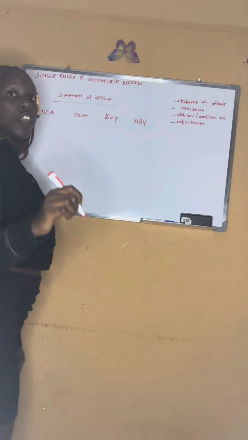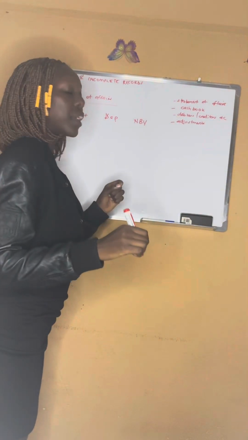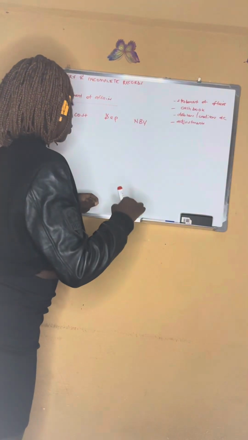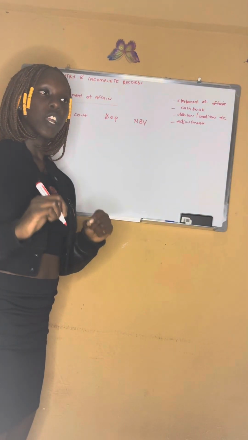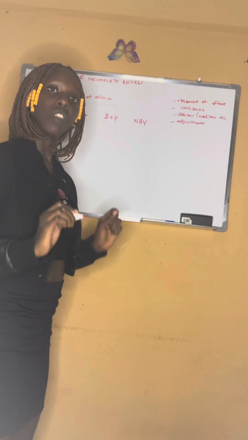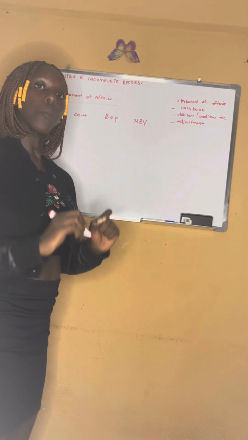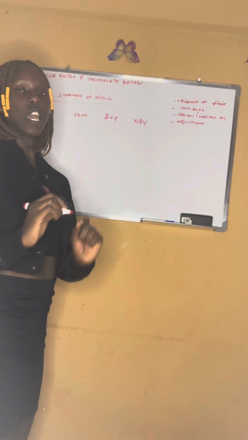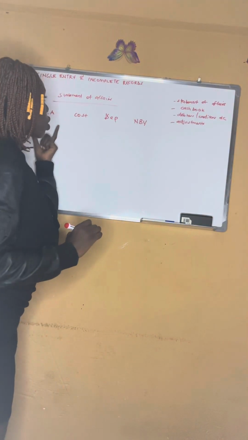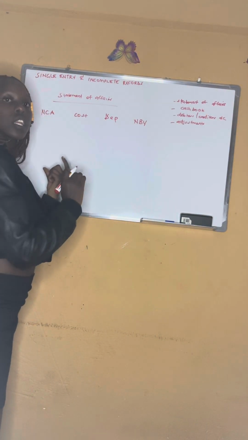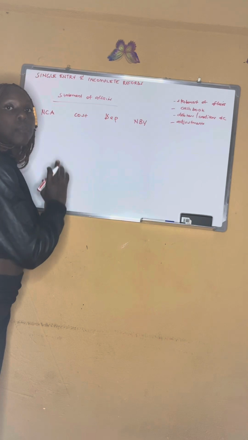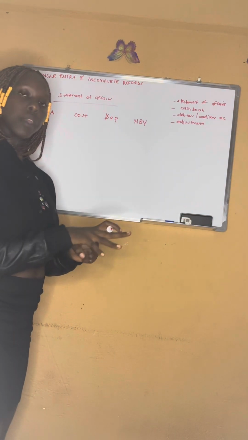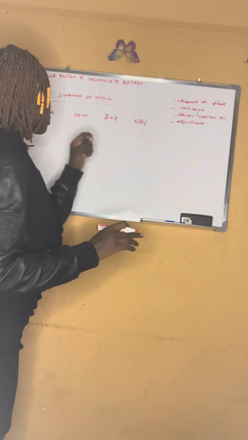So in order to find our opening capital in a statement of affairs, you need to first find the total of assets and the total of liabilities. In other words, opening capital is the difference between total assets and total liabilities. So you list all your assets and also list your liabilities, you subtract in order to get the opening capital.